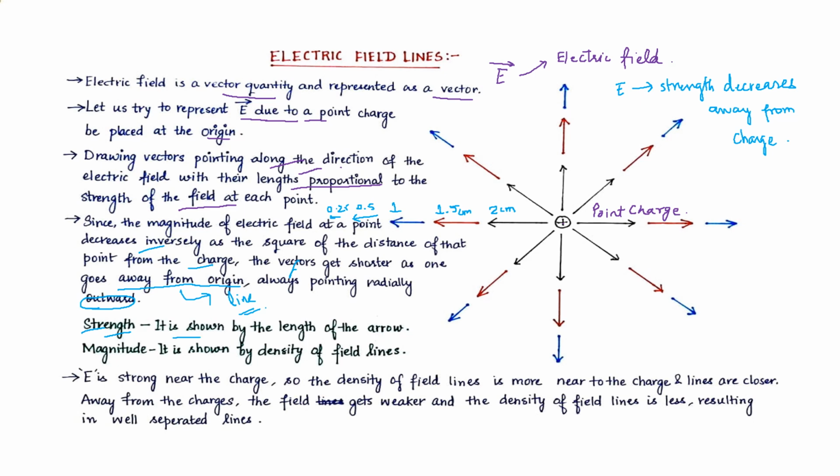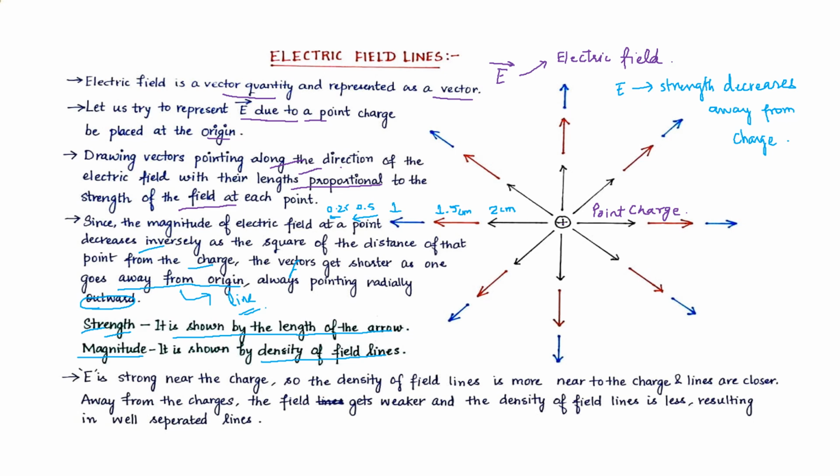Whatever the length of the arrow, that shows us the strength, whereas the magnitude of the charge shows the density of field lines. As we go away from the charge, the field reduces, so the density of the field lines also reduces in the given space. I will explain these points along with the last point in a diagram.